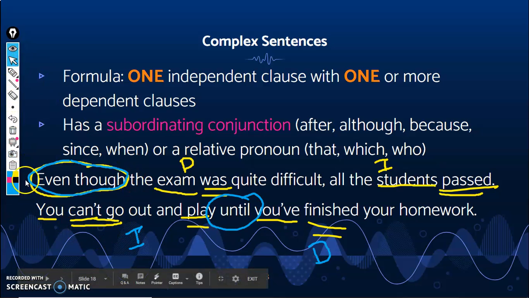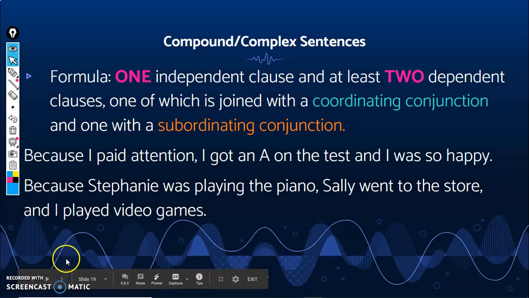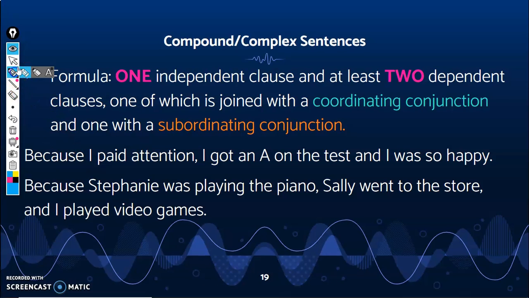Okay, the next one we have, clearing my slide, is the compound complex sentence. This is our long sentences. This is where we have a lot of information in it. So we have one independent clause and at least two dependent clauses. Keeping this in mind, this means you're going to have at least 3 clauses in total, which means 3 sets of subjects and verbs.